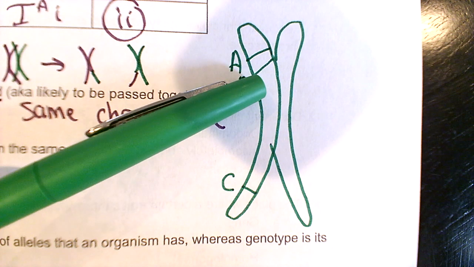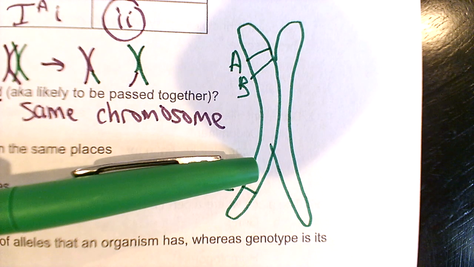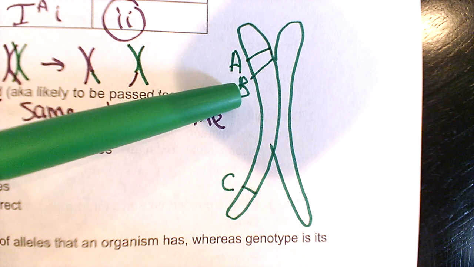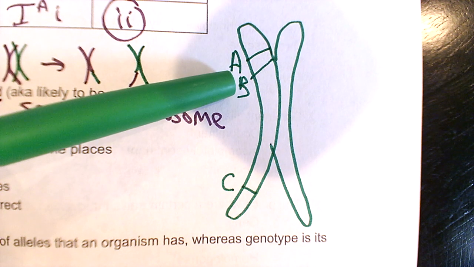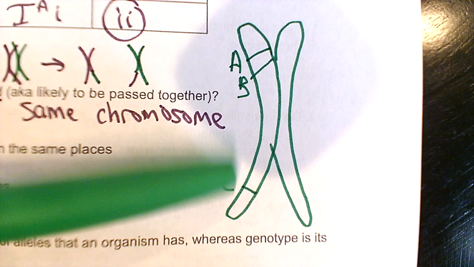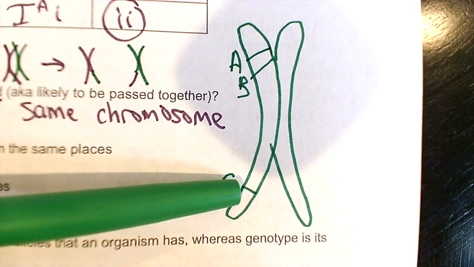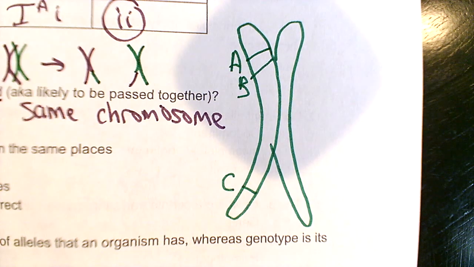Whereas the likelihood that crossing over is going to happen anywhere along this whole length between A and C is pretty good. So we would say A and B will be more closely linked, meaning they're less likely to get separated than A and C. A and C are still linked because they're on the same chromosome, but they're just less linked. They're more likely to get separated than A and B would be.